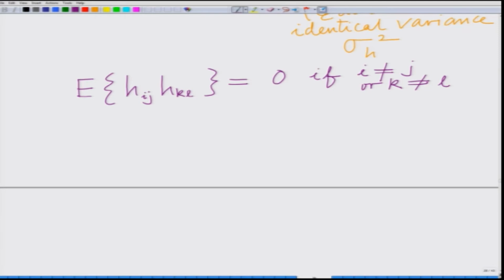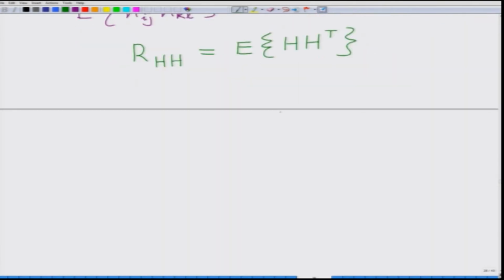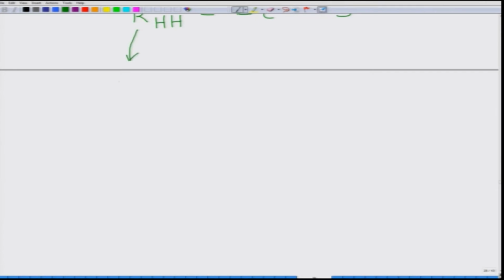Now we want to compute this quantity R_HH, which equals the expected value of H H transpose. Remember, H is basically your matrix with rows H1 bar, H2 bar, and so on up to HM bar.